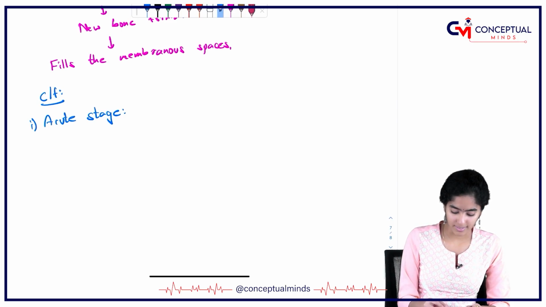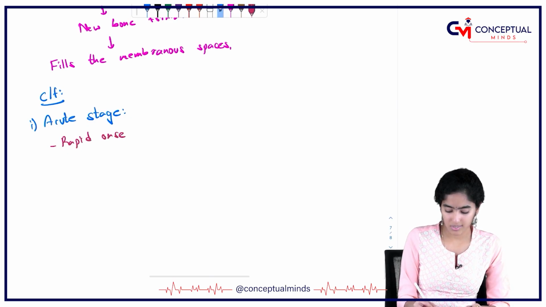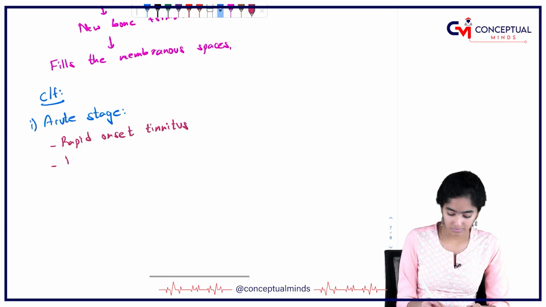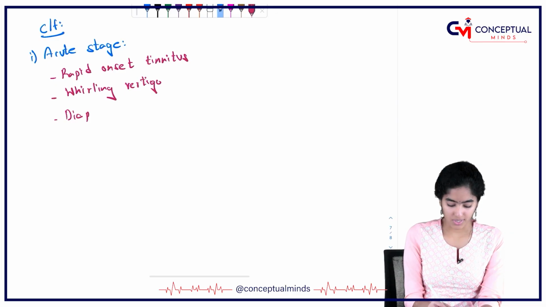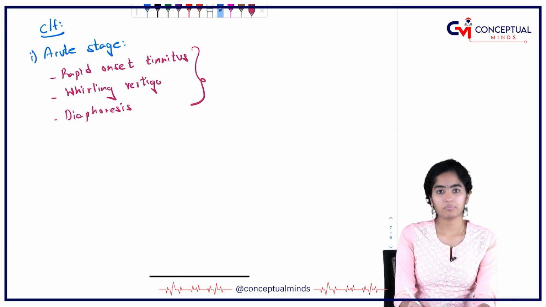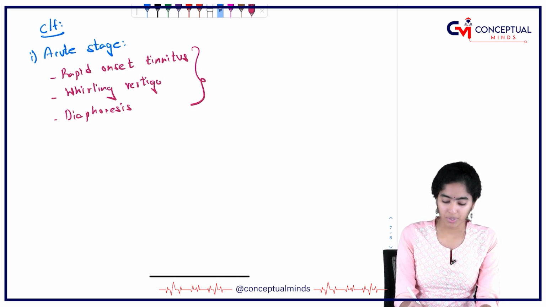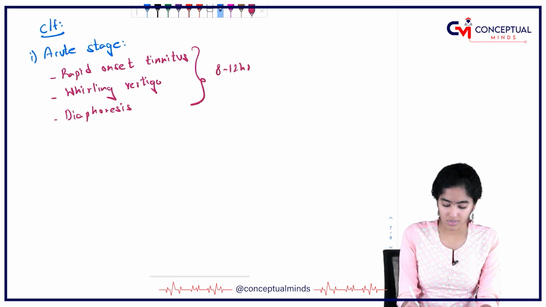So first there is rapid onset tinnitus, whirling vertigo, next we see diaphoresis. These symptoms remain very severe and they may not even respond to treatment for about 8 to 12 hours. They are very severe.